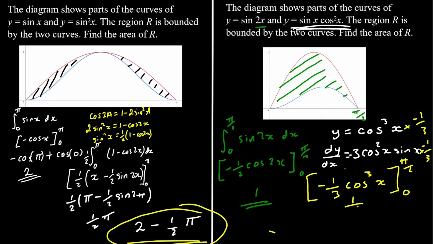So that is just 1/3. So the area between them is 1 minus a third, which is 2/3. So 1 minus 1/3 equals 2/3. So that is our answer, 2/3.